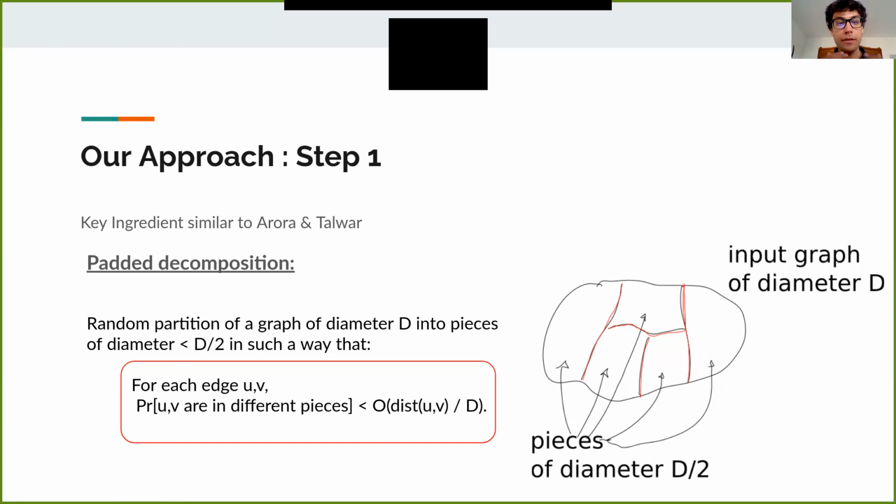There exists what's called a padded decomposition, which is a random decomposition of the graph into different pieces in such a way that for each edge UV, the probability that the edge UV is split, in the sense that U and V are in different parts of this partitioning, is proportional to the distance UV divided by the diameter.